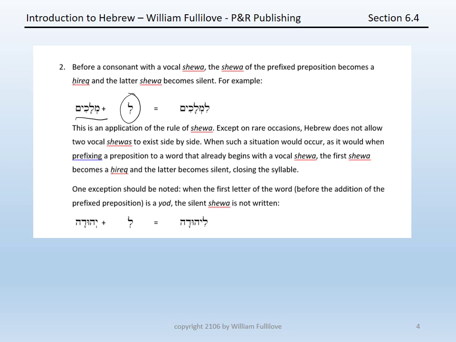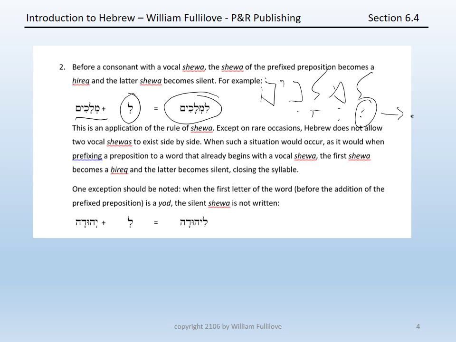Instead, in a situation which would be two vocal schwas in a row, like le-me-lachim, Hebrew applies what is called the rule of schwa. The first of the two schwas that is vocal becomes a hirek. The second becomes a silent schwa, yielding in this case limlachim.